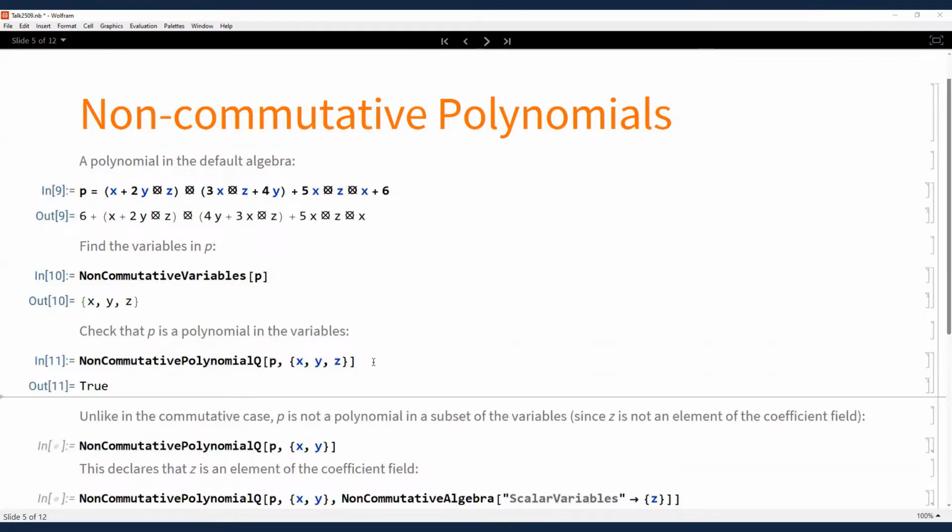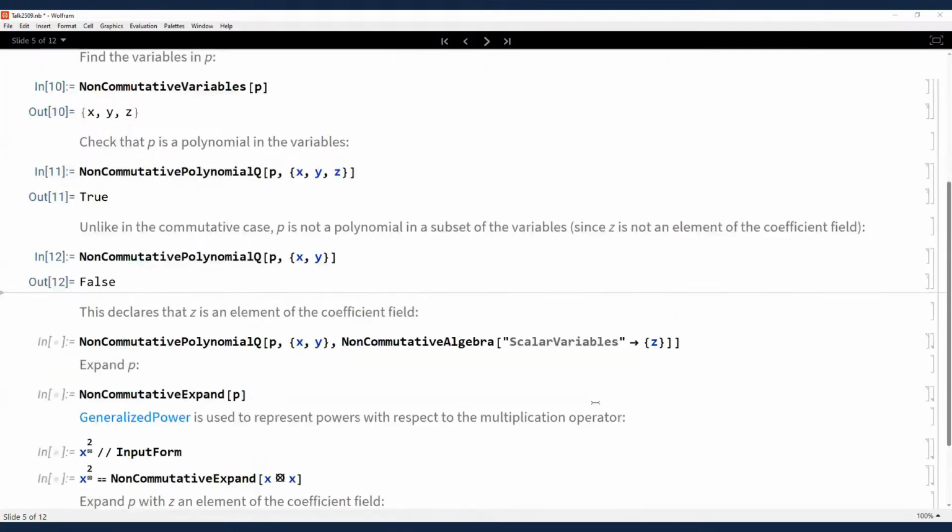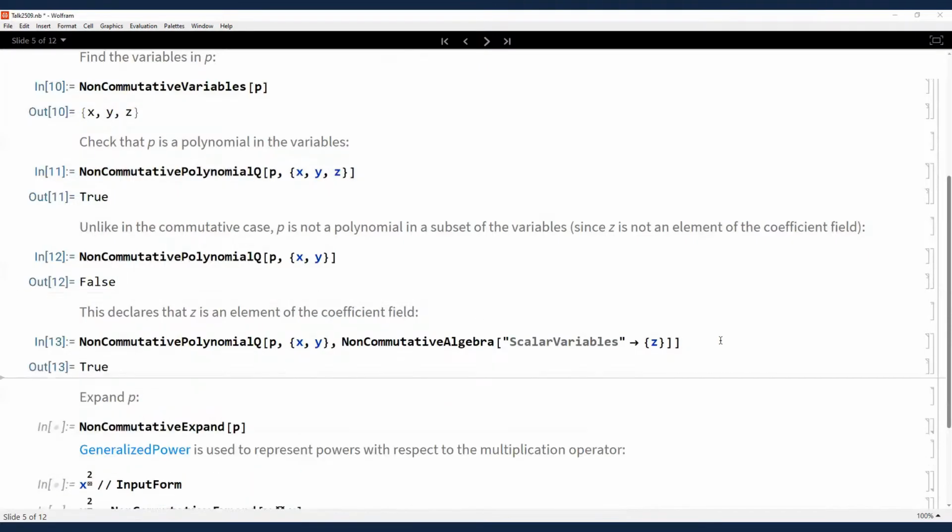And unlike in the commutative case, P is not a polynomial in a subset of variables because Z is not an element of the coefficient field. So if we ask whether P is a polynomial in X, Y, it's false. On the other hand, if we declare that Z is an element of the coefficient field, so we say Z is an element of scalar variables, and now it is a polynomial in X and Y.